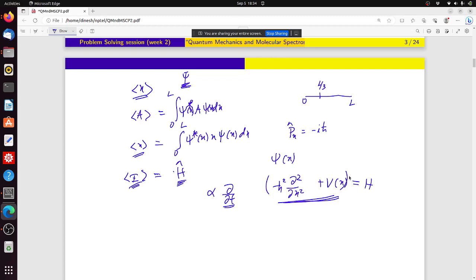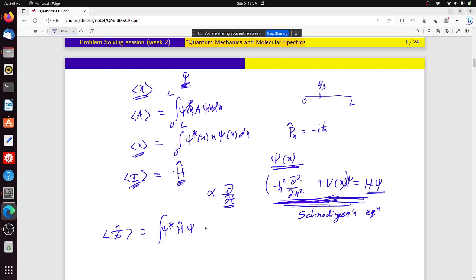If you apply it on any wave function psi, then it becomes the Schrodinger equation, right? This is the time independent Schrodinger equation. As our wave function depends on position only, we will use this operator. So expectation of energy will be integral of psi star H psi dx from 0 to L by 3.